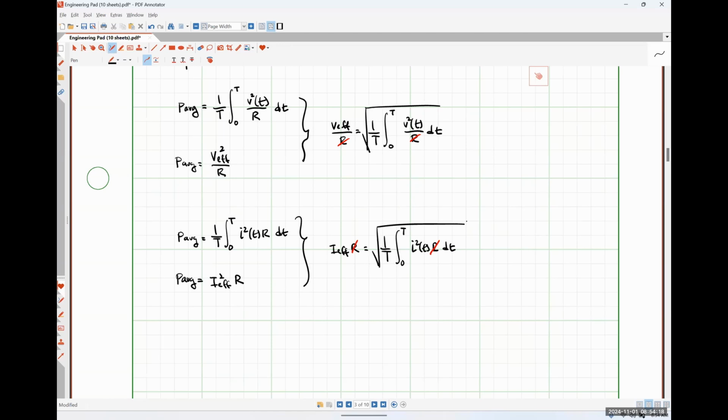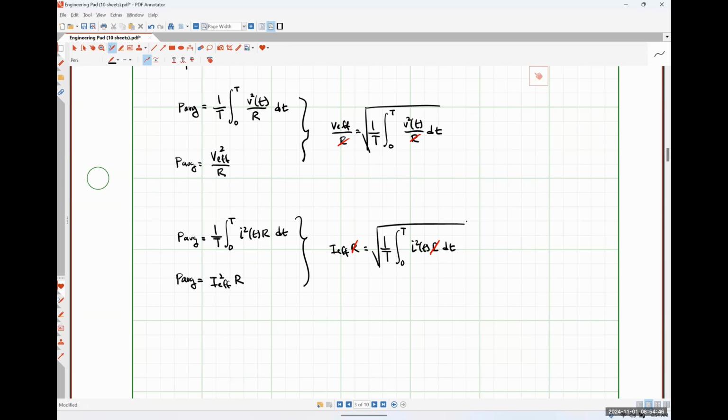So the equation is effectively identical. If we have a periodic signal that we want to take the effective value of, we square it, we integrate it, we divide it by the period, and then we take the square root of the whole thing. So RMS, root mean squared. We are taking the square root of the arithmetic mean, that's just a fancy word for average, of the square of our signal of interest.